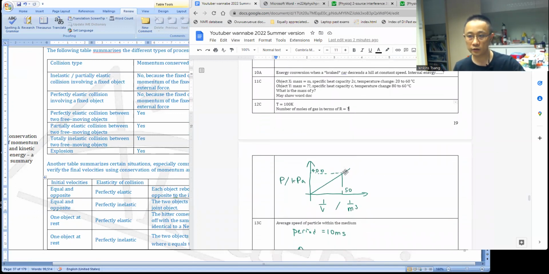Moving on, question 10. A driver uses the brakes on a car to descend a hill at constant speed. What is correct about the internal energy of the brake discs? If this question is just about energy conversion in general, then it is a GPE becoming heat energy situation. Descending a hill typically is associated with a gain in speed, but the question describes clearly that the speed of the object remains constant.